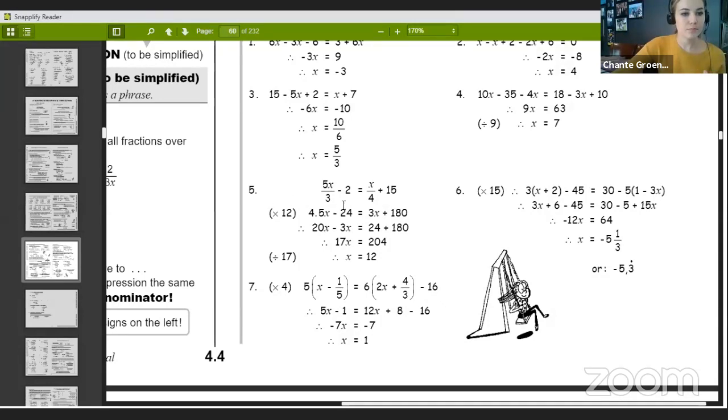Yes, you can have an improper fraction. That's perfectly fine. Okay, guys.